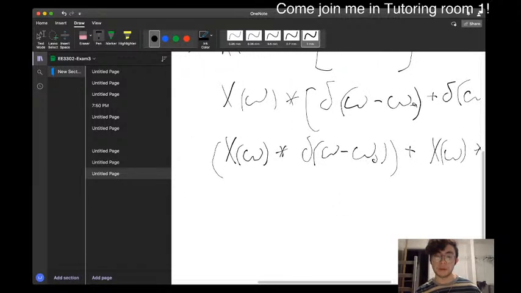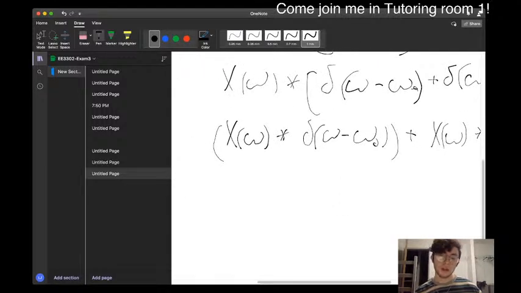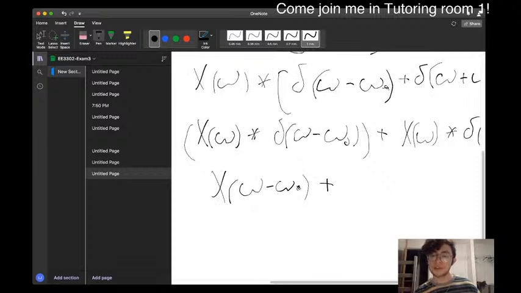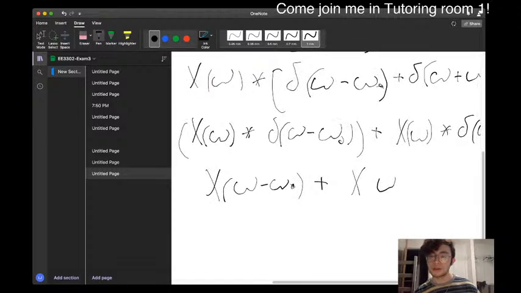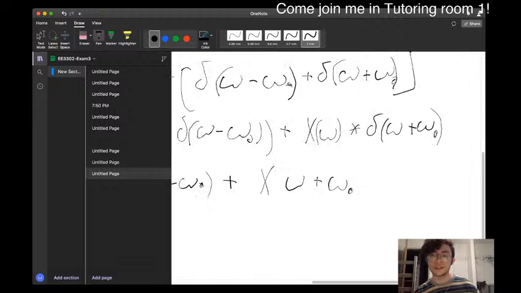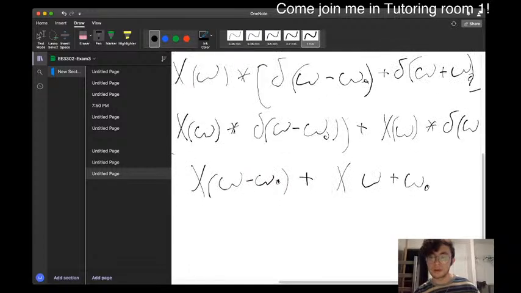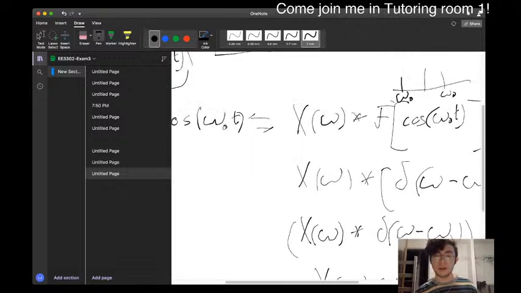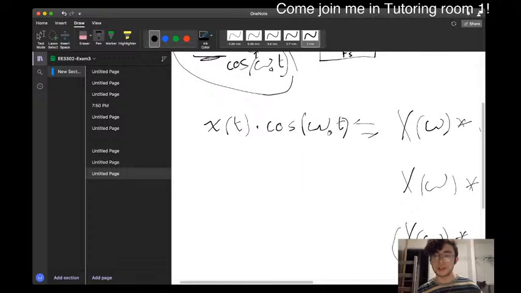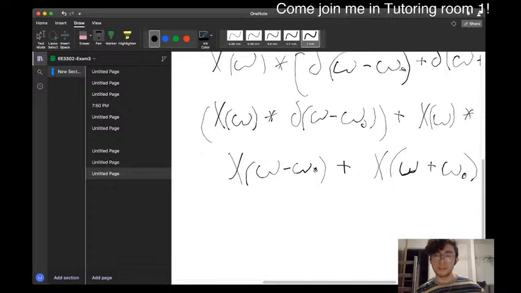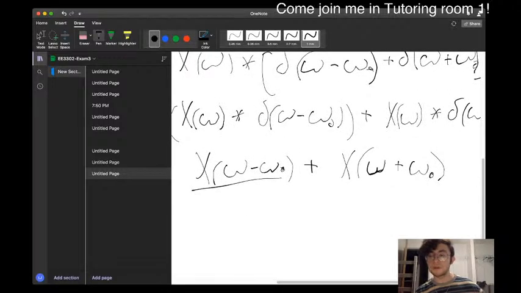We have a lot of the same properties. So we get x omega minus omega 0, and another one, x omega plus omega 0, because this delta is centered at omega 0. So notice that if we multiply by a cosine, we get two different copies of our original spectrum.